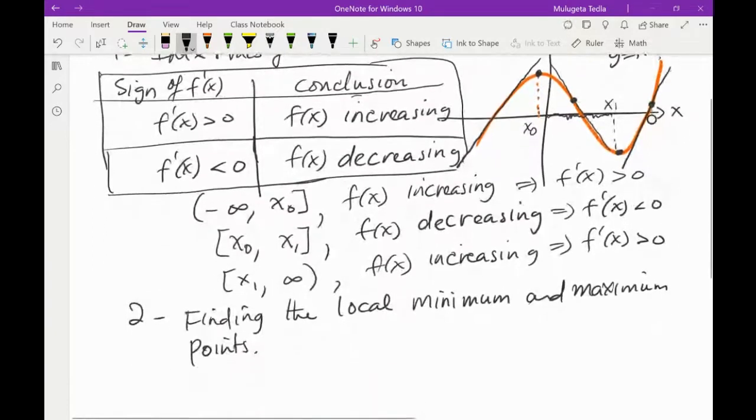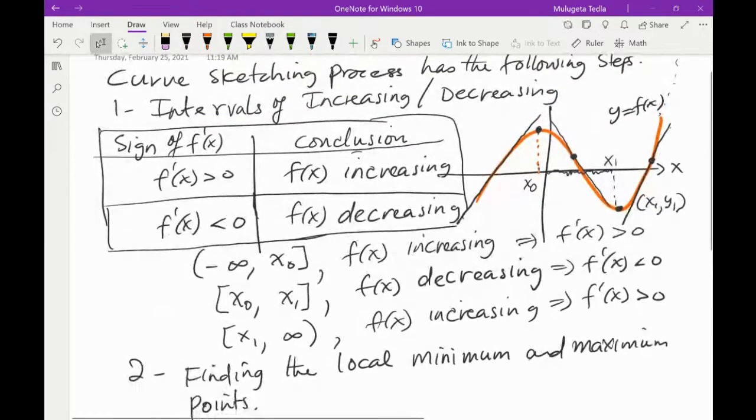If I had this x1 and y1, and in my graph, let me call it x0 and capital M. That capital M is a local maximum because in the interval around x0, every y value will be below M. In the interval of x1, every y value of every x in that interval around x1 must be greater than little m.